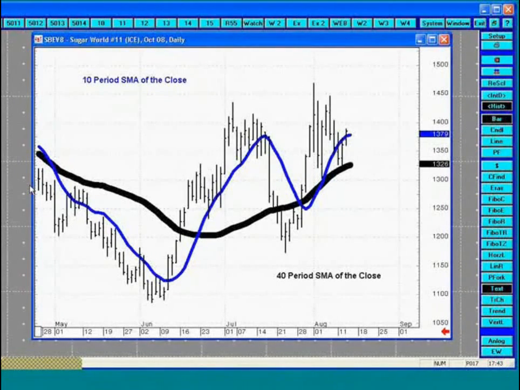You can actually find a market and a time frame and find the settings you like. You might like to combine, say, a 10-period simple moving average of the mid, combine that with a 40-period simple moving average of the midpoint of the range, or the close, or the open. It's up to you. You have to find what works best for you, and I encourage that in all types of analysis.